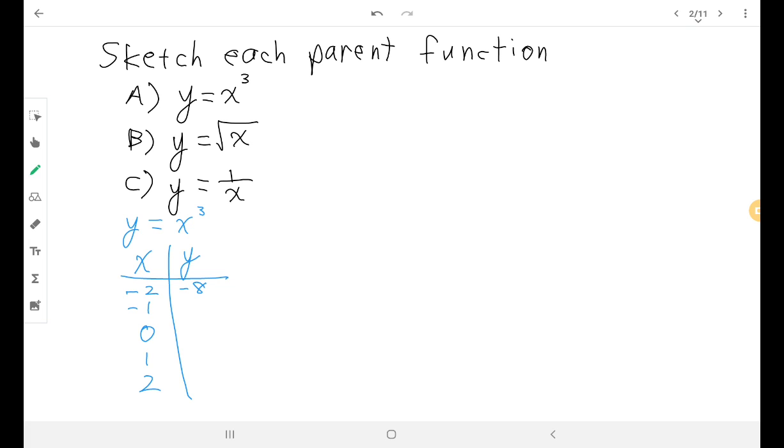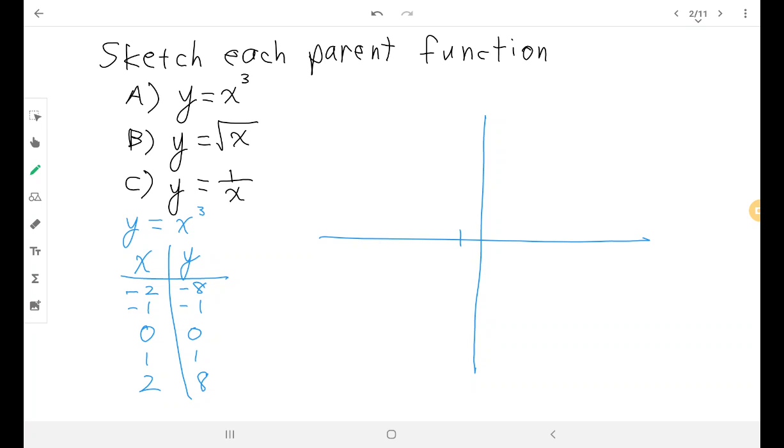If I plug in -1, that's -1 times -1 times -1, which comes out to -1. 0 cubed is 0. 1 cubed is 1 times 1 times 1, which is 1. And 2 cubed is 2 times 2 times 2, which is 4 times 2, which is +8. And then you graph those and see, do I need anything else to give myself a better picture?